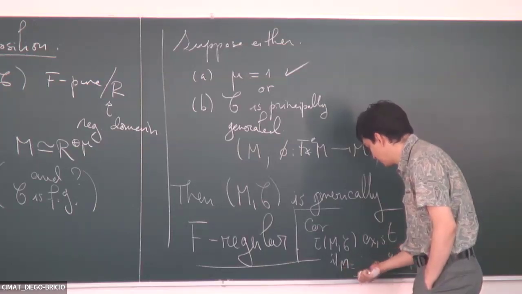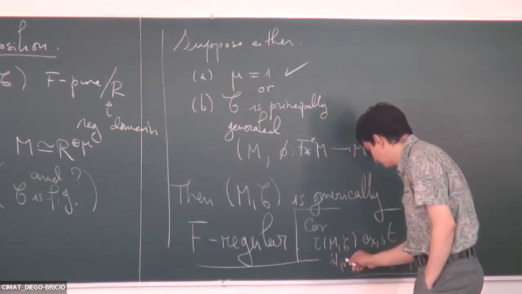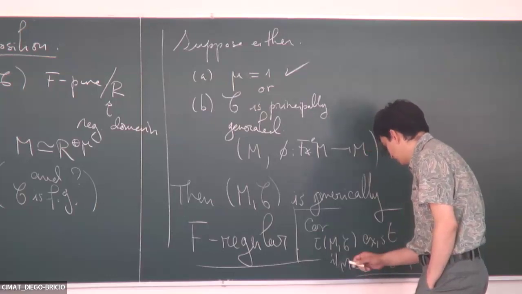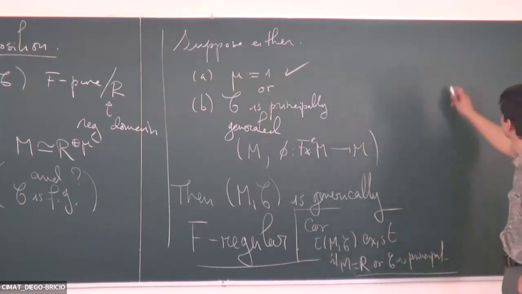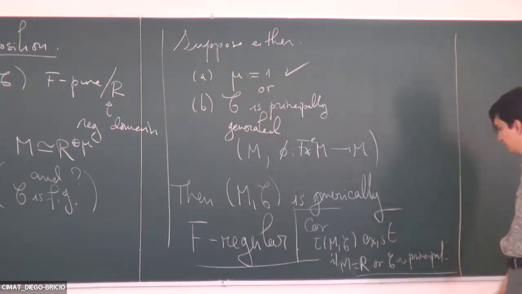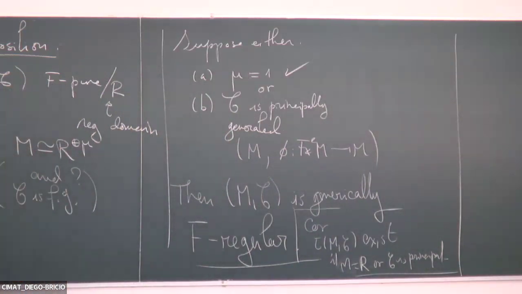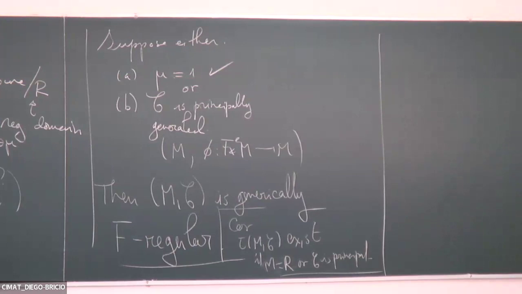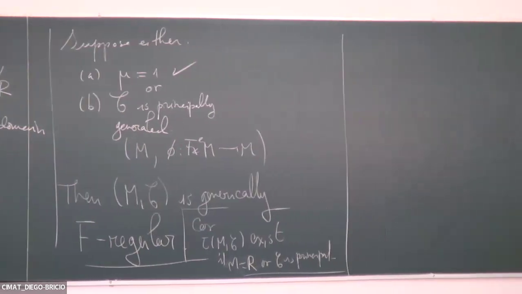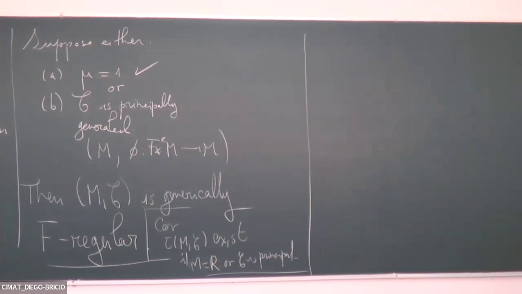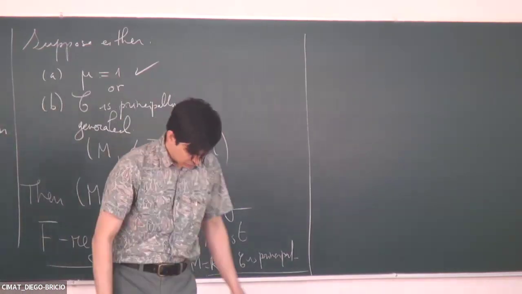What matters is that M is generically isomorphic to R, so it can be an ideal. So let me just put M equals R. I'll let you play with more general cases. And as I told you, another case in which we know this exists is if R is an algebra of finite type over an infinite field. But I won't do that proof here. I'm already tired of all these cases and stuff.